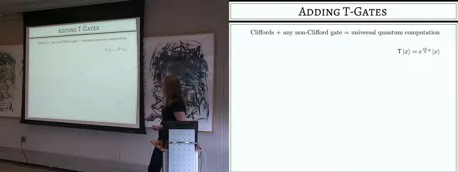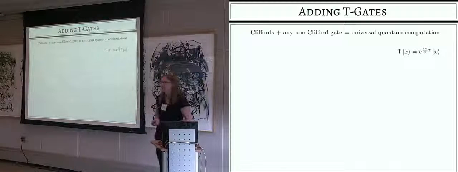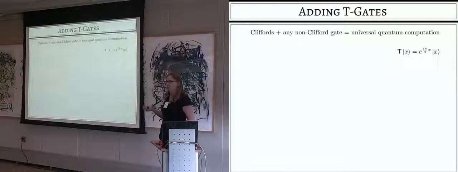So we will consider a T gate, which has this action for any bit x. And so what this implies is that if we could extend the results to work for any circuit in Cliffords and T gates, we would have fully homomorphic encryption, so quantum fully homomorphic encryption.